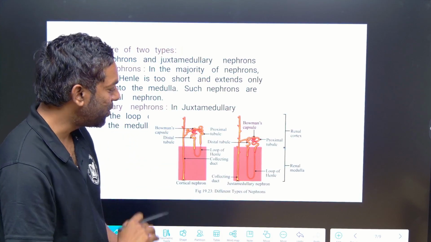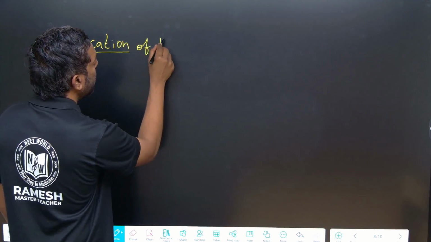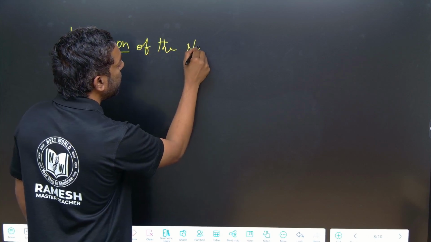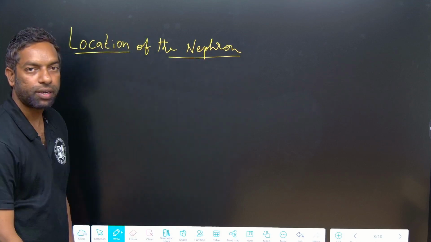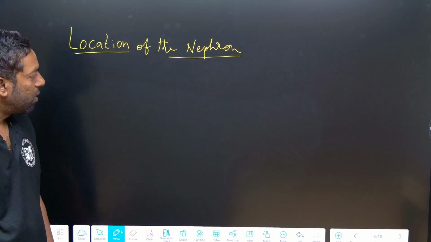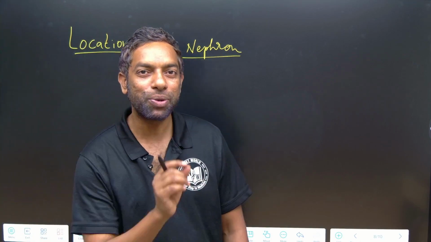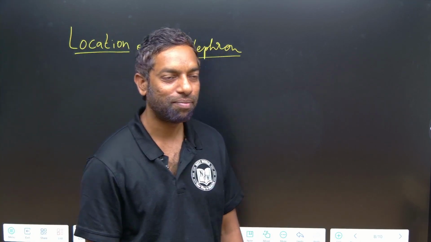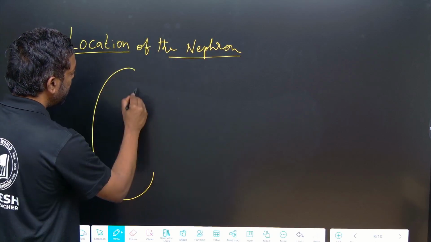Based on the location of the nephron, where is this primary unit, functional unit, microscopic unit located? Just look into this. This is the kidney.